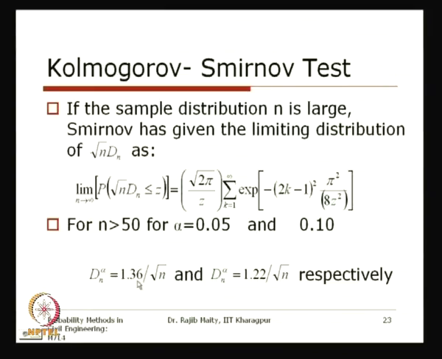1.36. So for this significance level alpha equals 0.05, the critical value is 1.36 divided by square root of n. That means z becomes 1.36 and this is 1 over square root of n.